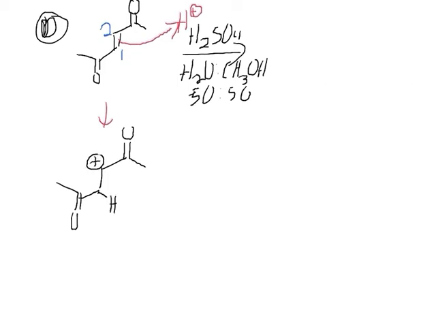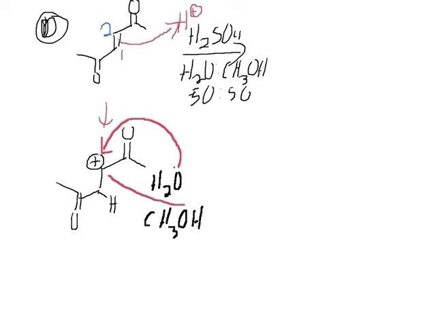Now at this point we go back and remember we have these two mixtures of both water and methanol. So really we'll get two products, because water could attack or methanol could attack. The other thing to remember is carbocations. A carbocation is sp2 hybridized, and there'll be no preference for attacking the top or the bottom, for either one. So you get two types of products plus their enantiomers.